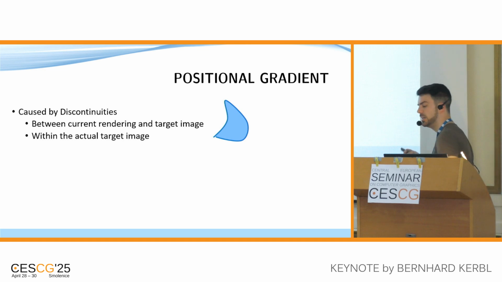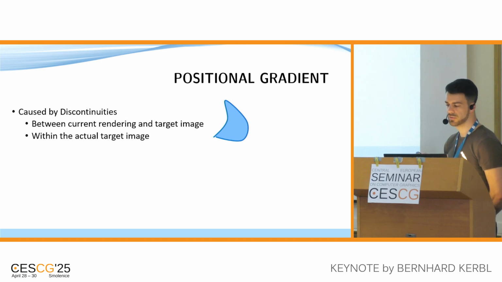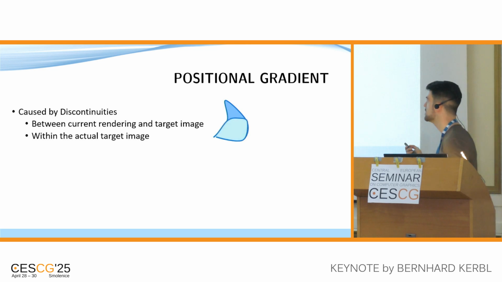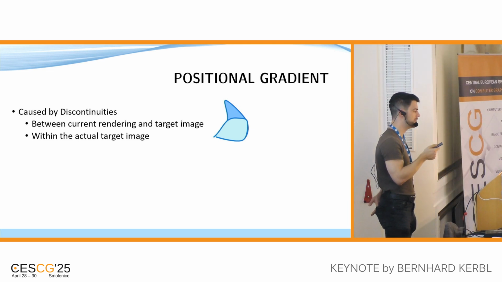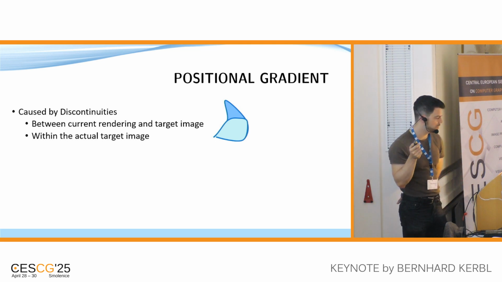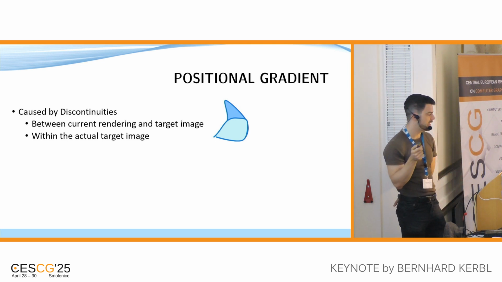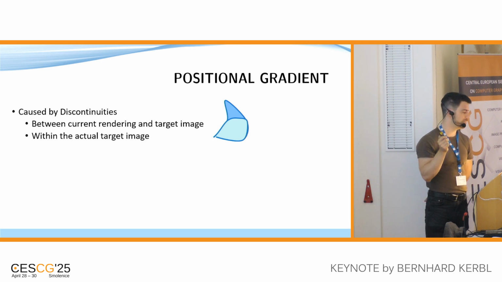And there's an additional way to interpret the positional gradient argument, and that is it can be caused by discontinuities. So between the current rendering and the target image, if there's a discontinuity, we want to put some Gaussians there, right? We see here, for instance, at the top of this shape, where the light or the cyan is the current reconstructed one, and the blue one is the one we are trying to model, there's a discontinuity at this top edge.